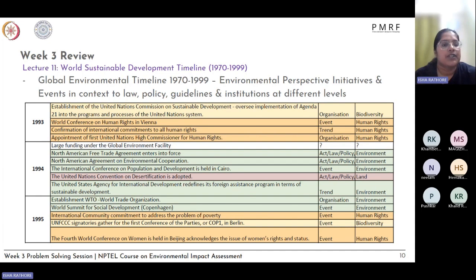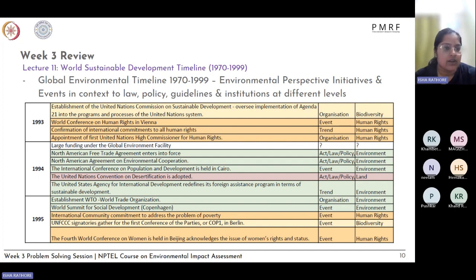Then in 1994, we see a large funding under the Global Environment Facility. This was the facility developed by the World Bank, UNDP, and UNEP, which was giving grants. Then we had the North American Free Trade Agreement come into force.